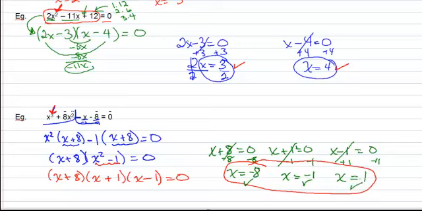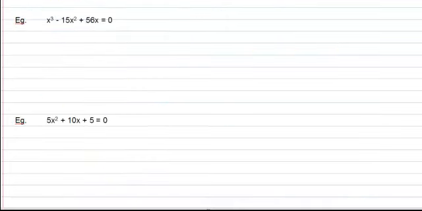Now this isn't something that always happens, but it is something that happens almost always. There are a few exceptions to the rule, and it's basically when we have like a squared factor or something like that. For the most part, the leading exponent is telling you how many solutions you're looking for. You don't always have them, but that's always what you should be looking for. That's what you should be thinking.